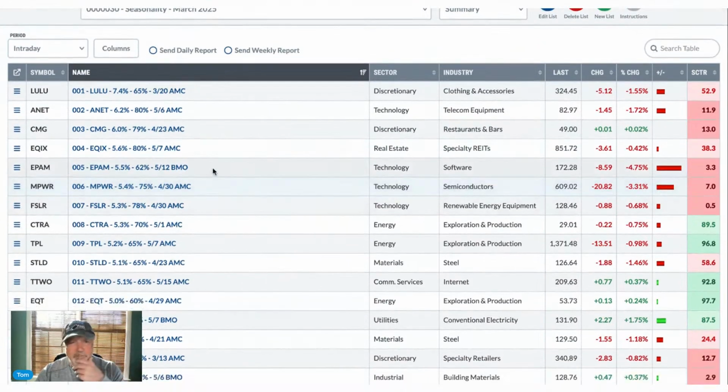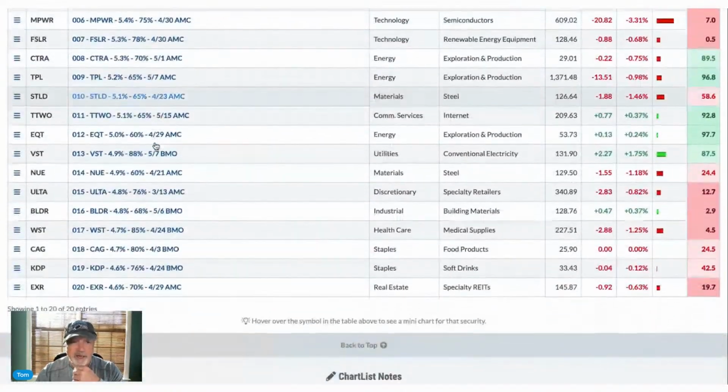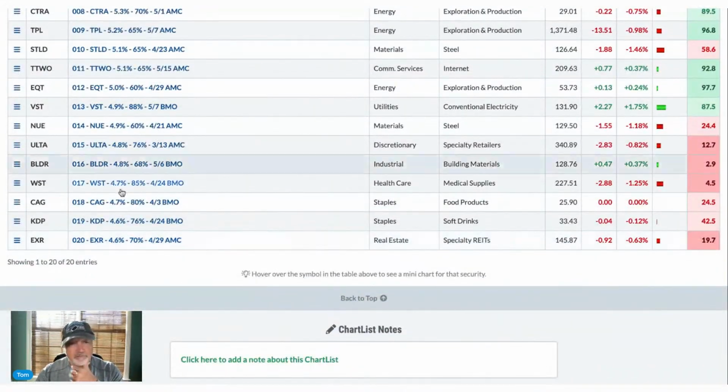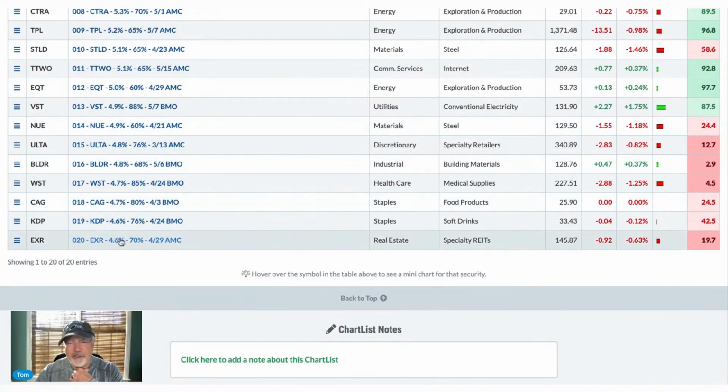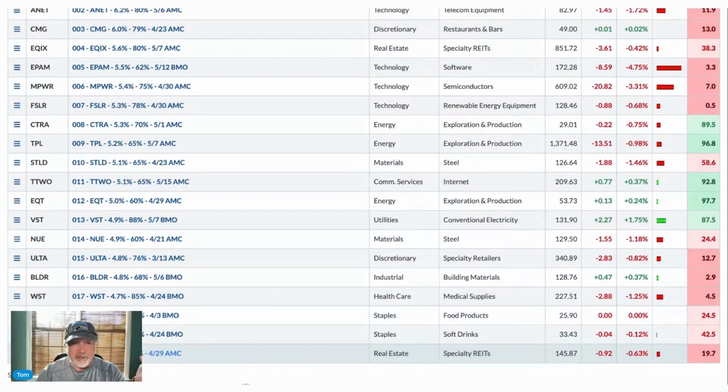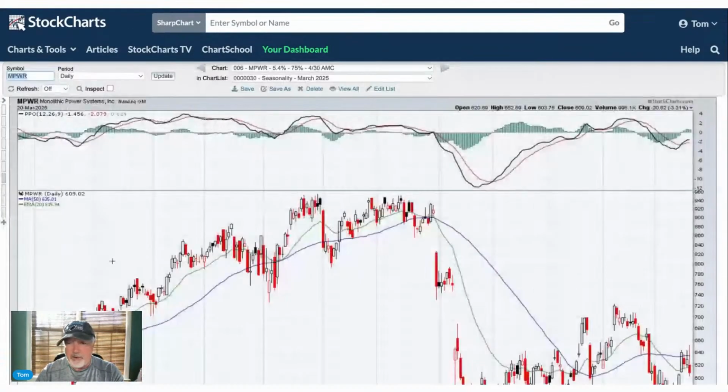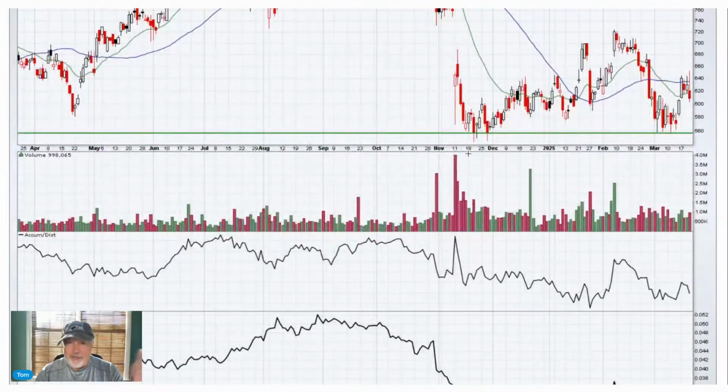Anyway, 1 to 20, they're listed. And so you kind of get a sense of which stocks tend to do well in March, and kind of go from there. But again, they're all annotated charts. So I can pull up Monolithic Power here, MPWR, and there was a key support that was found back in November. And early March, we went right down and tested it before bouncing.